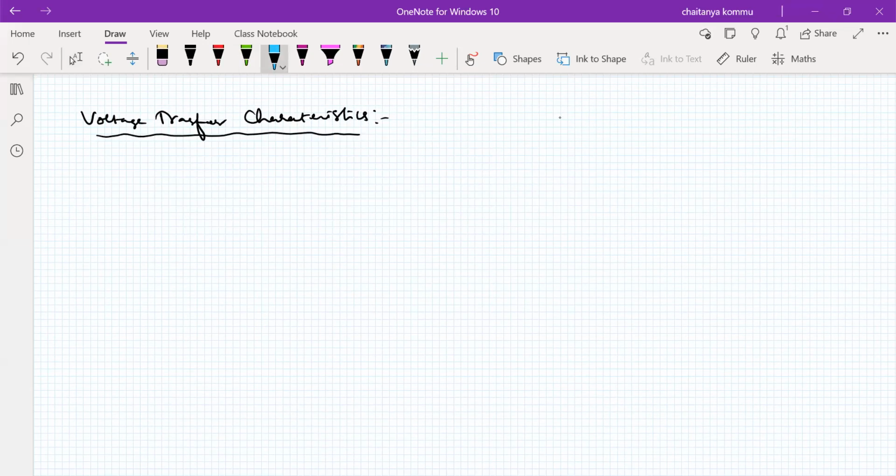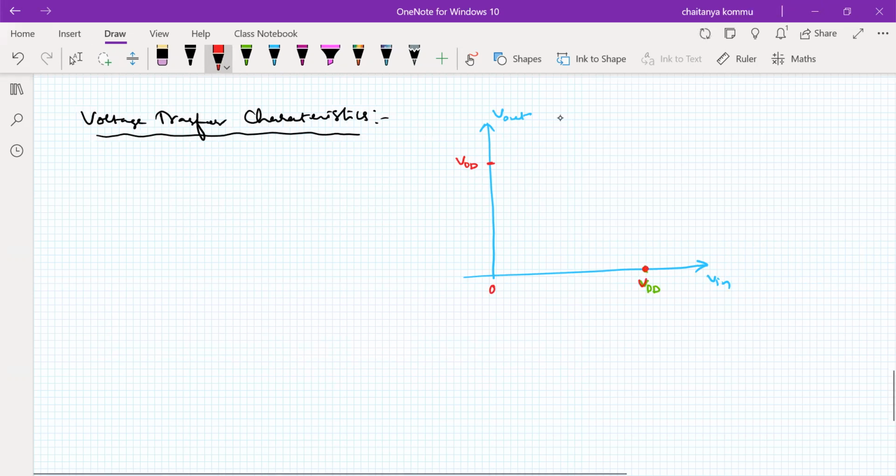You take the x-axis as Vin and the y-axis as Vout. When Vin is equal to 0, we expect Vout to be equal to VDD. When we apply the input voltage equal to VDD, the output value becomes 0. Clear to all of you?